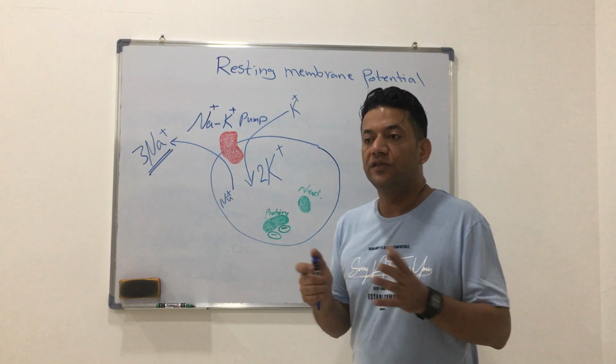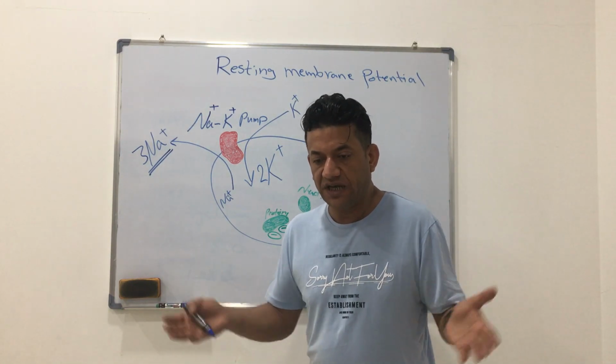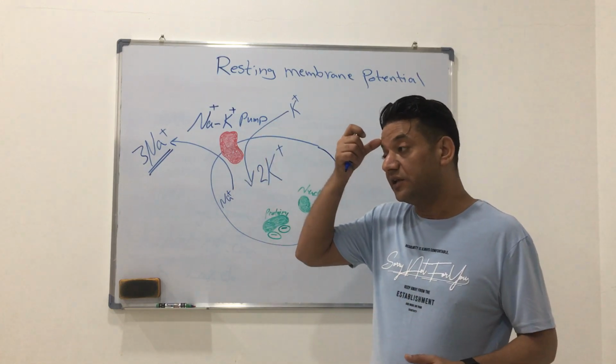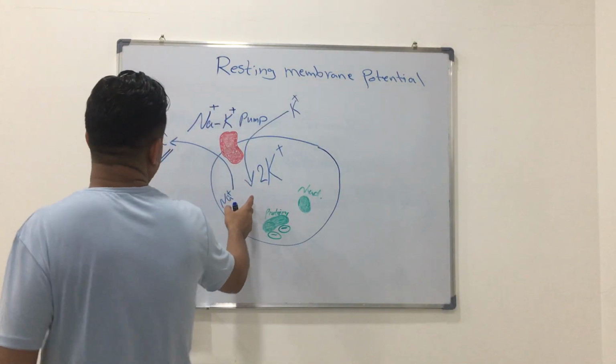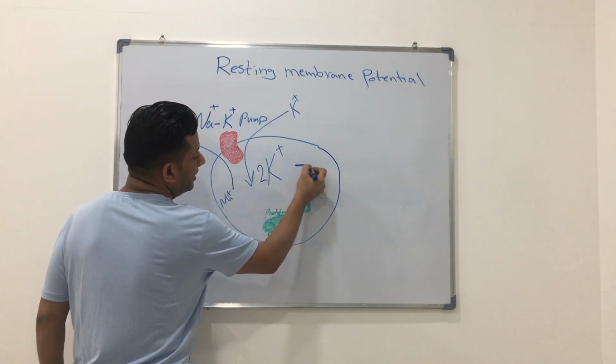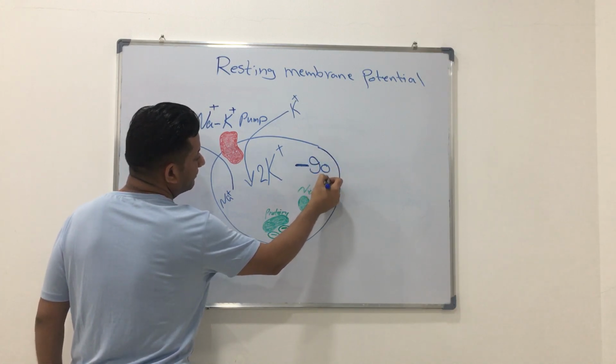So this will cause what? A huge aggregation of negative charge inside the cell, till the potential inside the cell reaches about minus 90 millivolts.